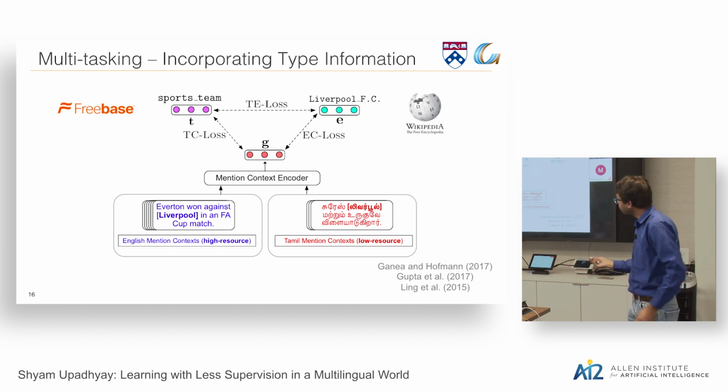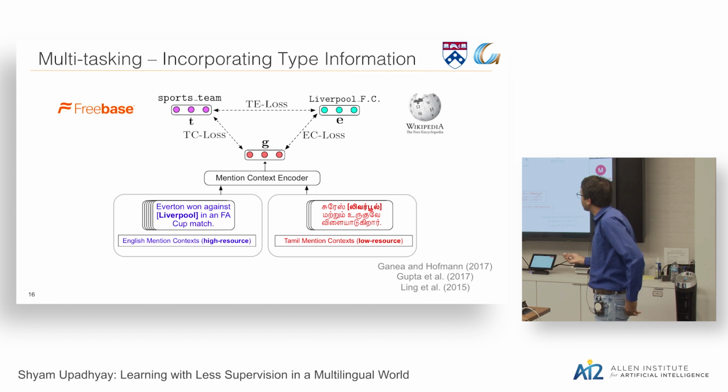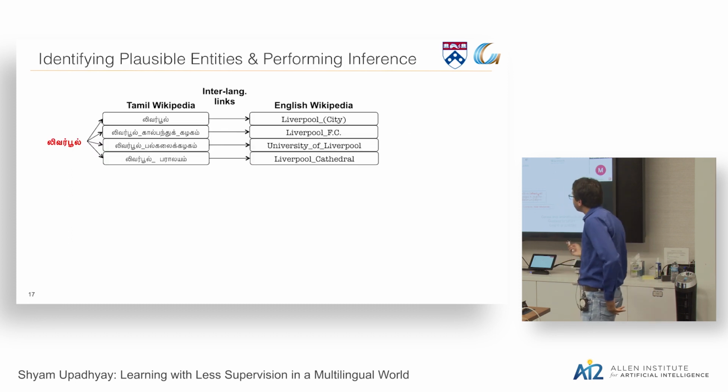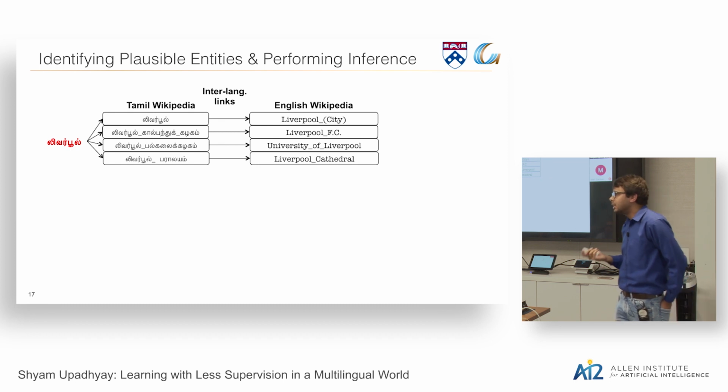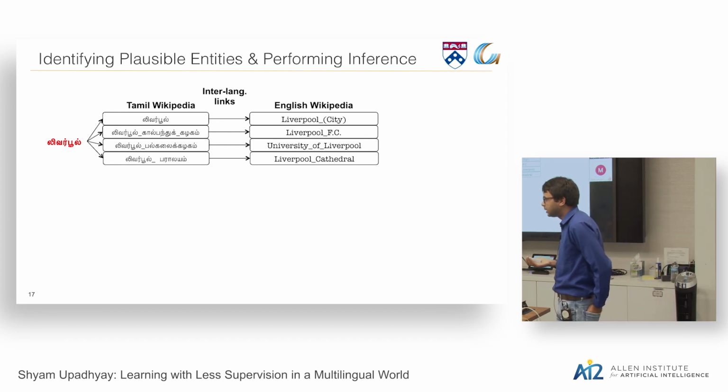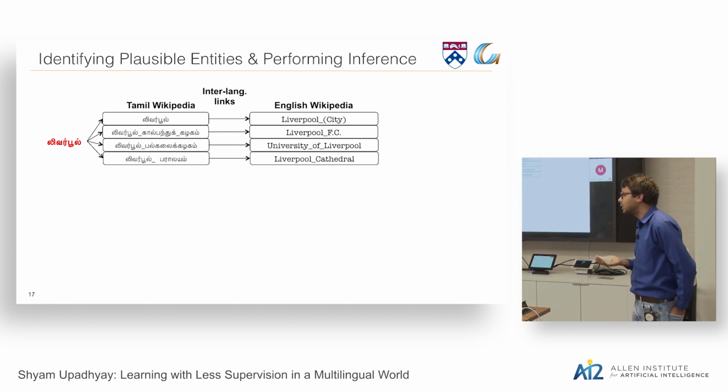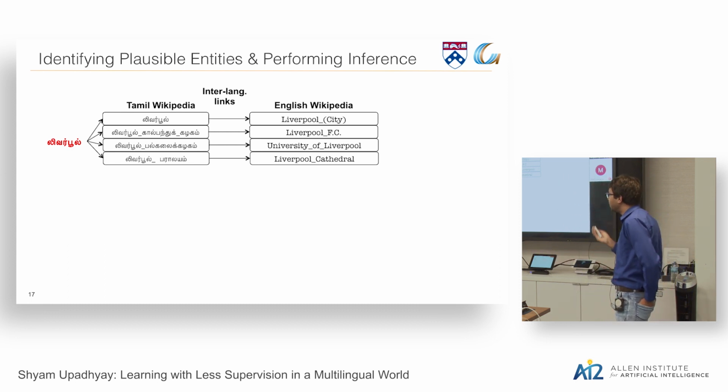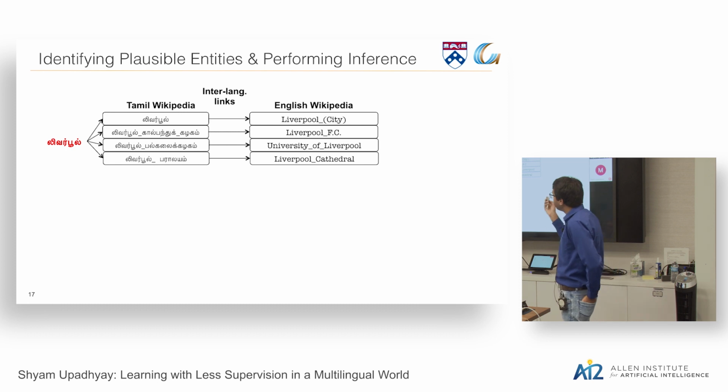So suppose you have trained this model. How do you perform inference? Well, you don't want to score all the entities in the knowledge base because that would be impractical. So first, we identify a small set of candidate entities that a given mention can link to. And we do this by exploiting the interlanguage links in Wikipedia.